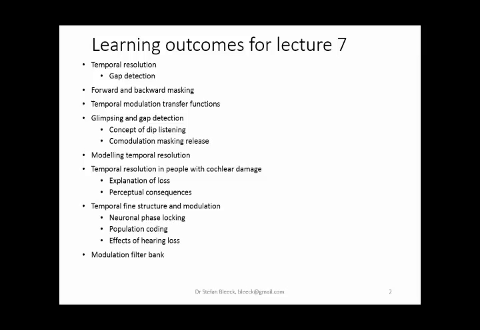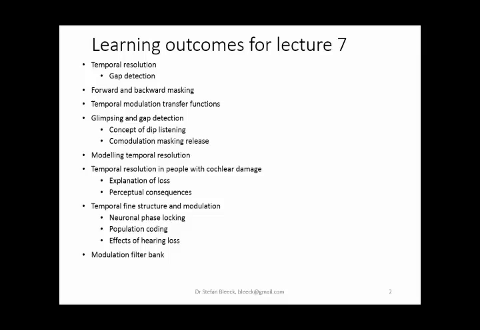And temporal integration as well later on. Forward and backward masking, TMTFs, don't worry about it, this is basically for reminding me at the beginning to organize these lectures. A little bit about modeling temporal resolution, cochlear hearing loss, so all the effects, temporal fine structure, and two words about the modulation filter banks.